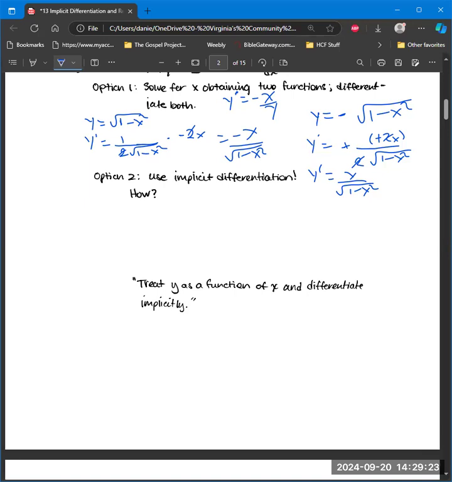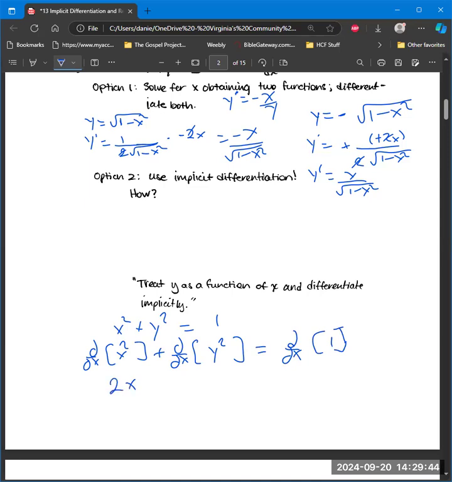If we have x squared plus y squared is equal to 1, and we take the derivative with respect to x of x squared plus the derivative with respect to x of y squared is equal to the derivative with respect to x of 1. Derivative with respect to x of x squared, that's 2x. Derivative with respect to x of y squared, we're going to use the chain rule because y is a function of x.